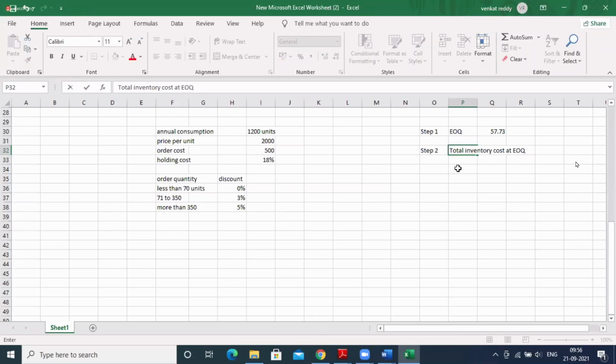So by considering EOQ of 57.73, you can take it as 58. So by considering this 58 as your EOQ, you calculate the total inventory cost. So please do that. What will be the total inventory cost?